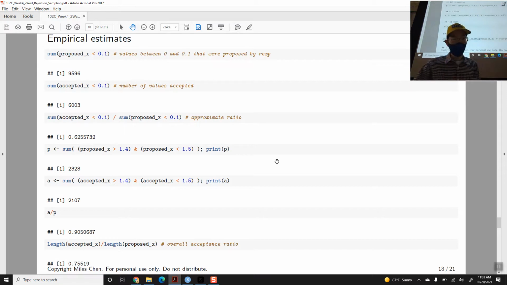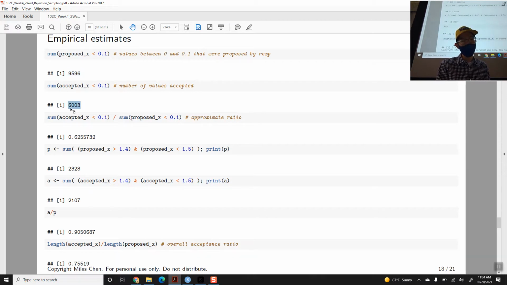So here we're getting some empirical estimates. I said, how often did I propose a value less than 0.1? Okay, so after 100,000 values, I proposed values between 0 and 0.1, 9,596 times.